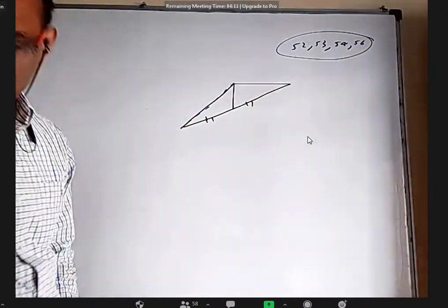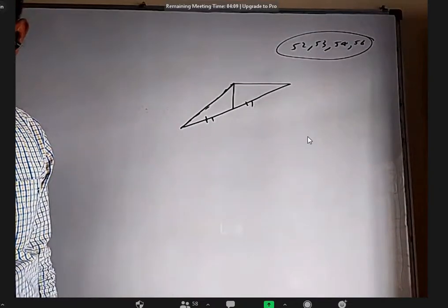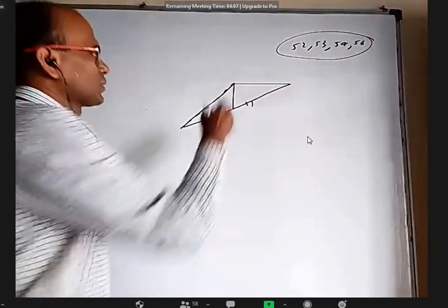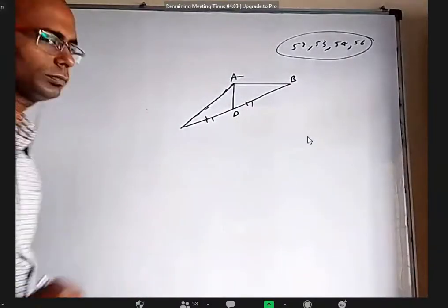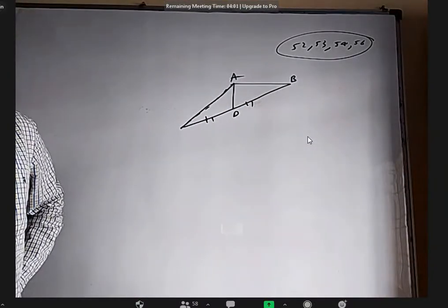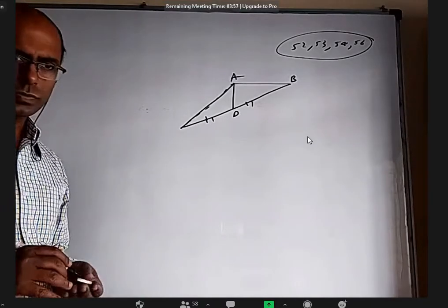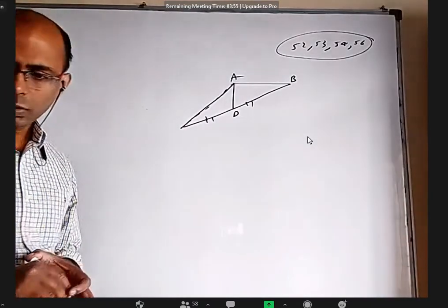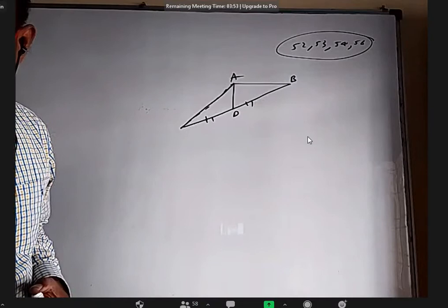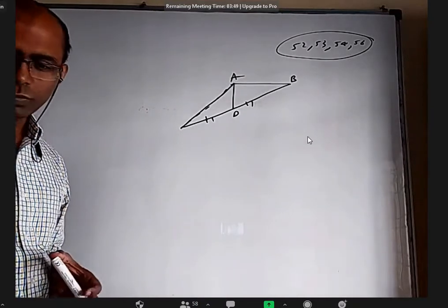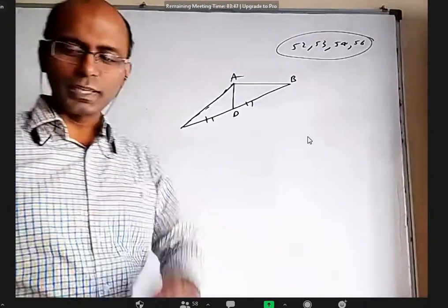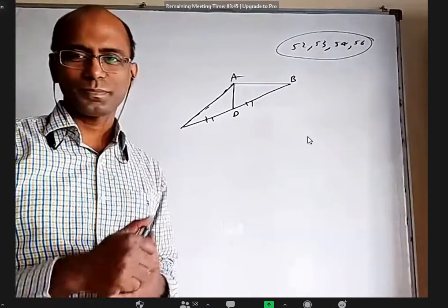Okay, so in 52, first of all, the median through A is perpendicular to AB. So this is A, this is B, this is C. Now they want tan A plus 2 tan B. Sir, they are saying median through A to AB. No. Median through A of triangle ABC is perpendicular to AB.